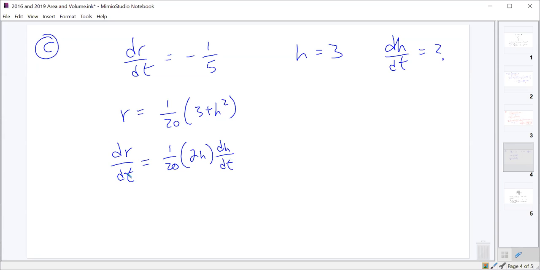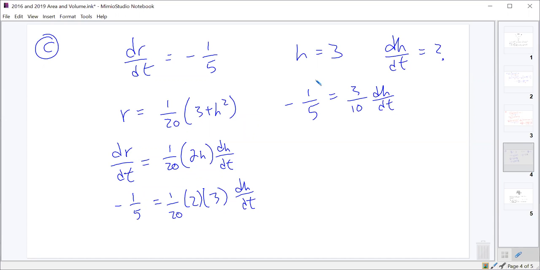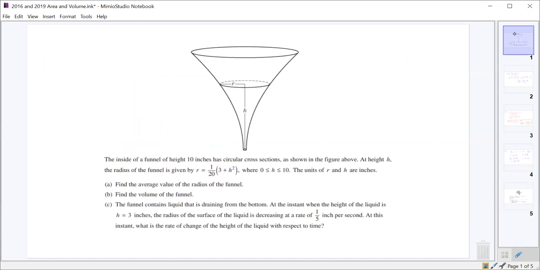And we should then be able to say that dr/dt is negative 1/5, h is 3, and we should be able to solve that for dh/dt. 6 over 20 is 3 over 10, so negative 1/5 equals 3/10 of dh/dt. So multiply by 10, divide by 3, and we should get negative 2/3, and that's inches per second.